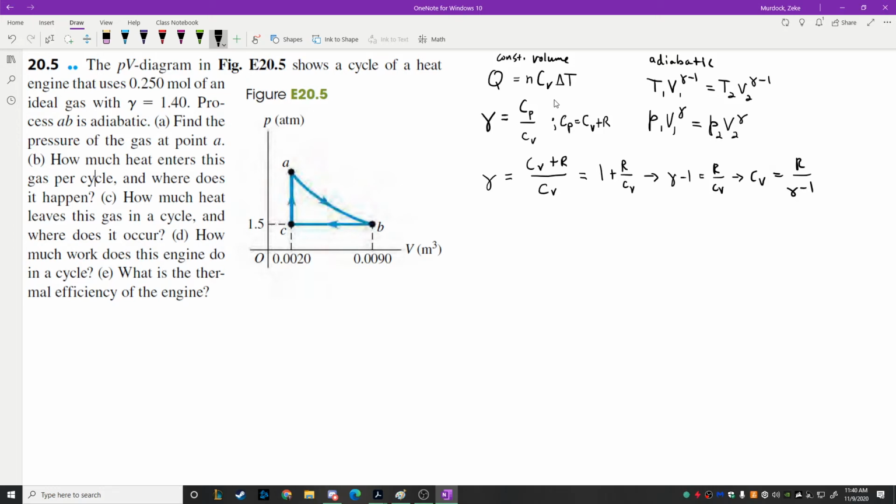So there you go. You know what R is? It's 8.31, and gamma is 1.4. Okay, does that help? Okay. Give you a few more minutes.